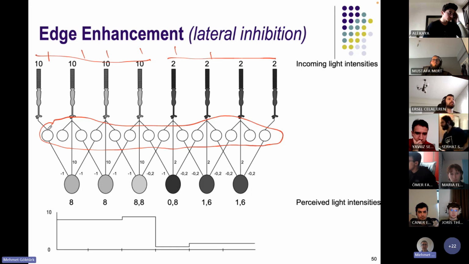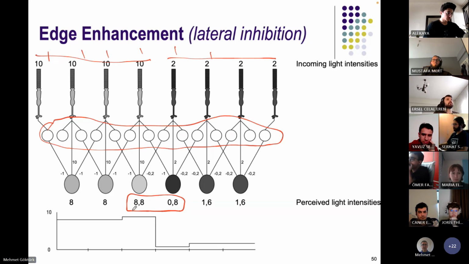So there are cells in between, and these are processing information and feeding back to final cells. These final cells have number variation here because there is edge enhancement when there are differences. There are subtracting and adding cells together at each node.